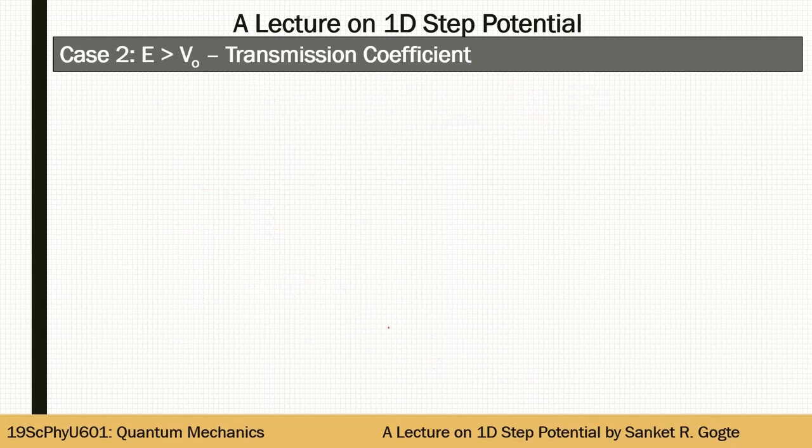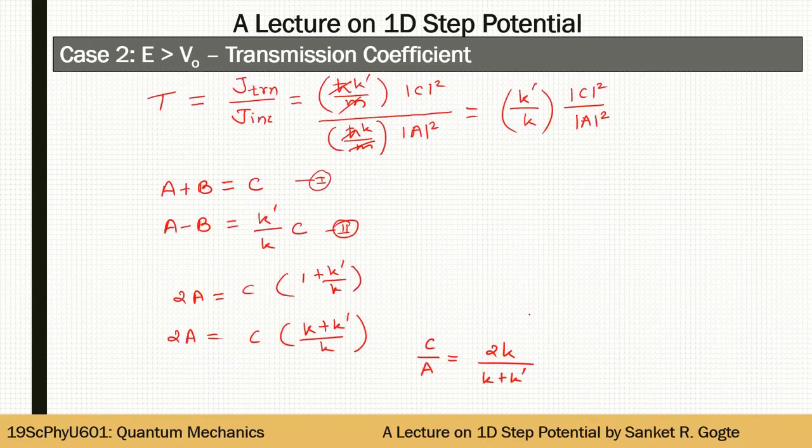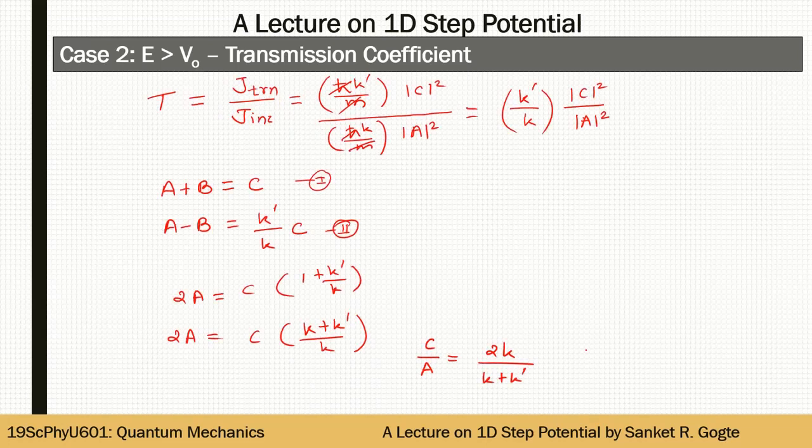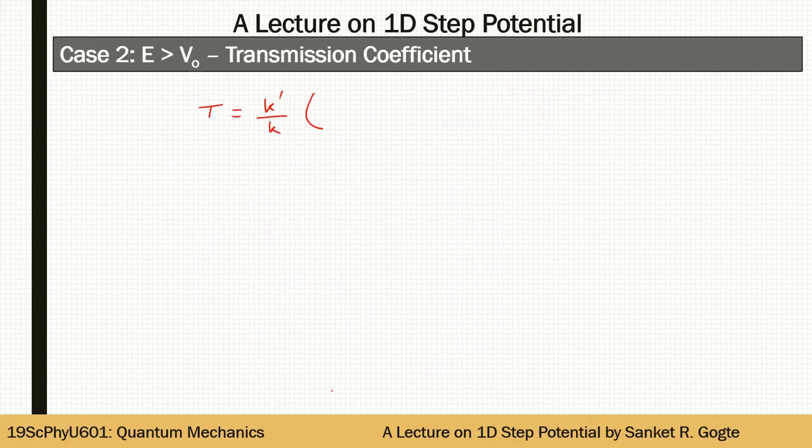Okay, so what is the transmission coefficient then? T is equal to, I have that K prime by K here, and then I have this C by A, which is 2K divided by K plus K prime, and now this K cancels and T turns out to be equal to 2K prime over K plus K prime.